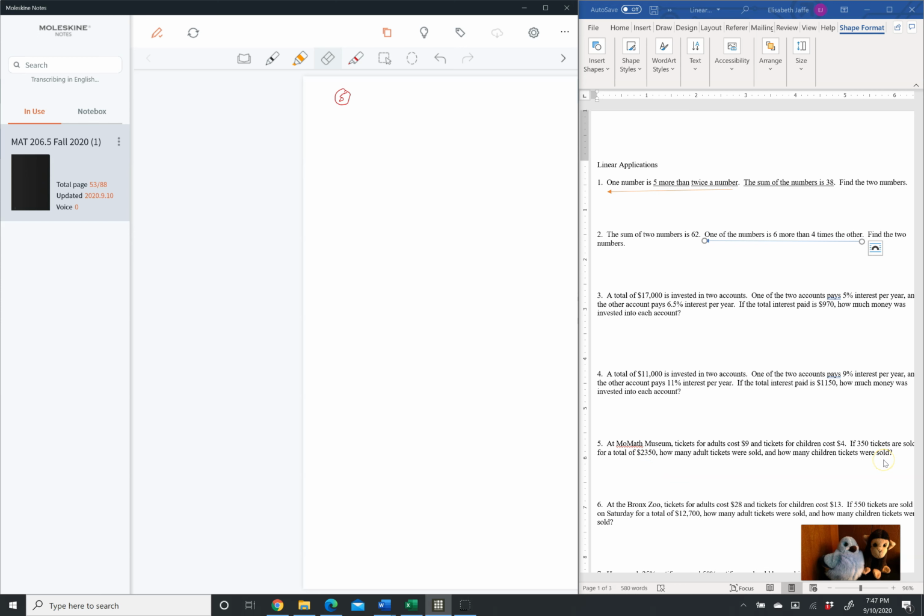Here's why. First of all, we identify our variables. So our variables are usually told to us in the last sentence. How many adult tickets were sold? How many children tickets were sold? So let's let A equal, we don't want to just say adult tickets sold, we want to say the number of adult tickets sold. And C is the number of child tickets sold.